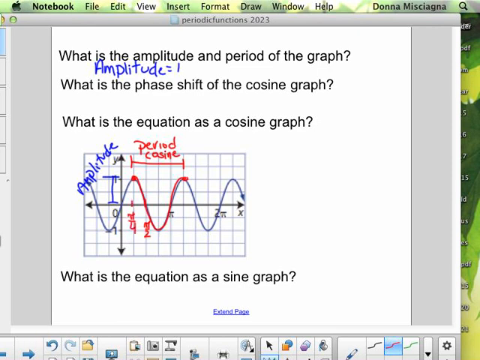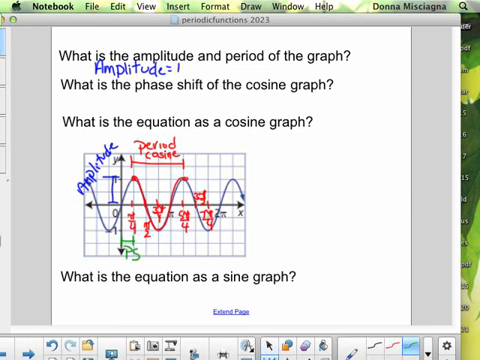So that's pi fourths, pi halves, 3 pi fourths, then pi, then 5 pi fourths, then 3 pi halves, 7 pi fourths, and 2 pi. All right, so you can see that the phase shift, the graph is starting at pi fourths. So this right here represents the phase shift.